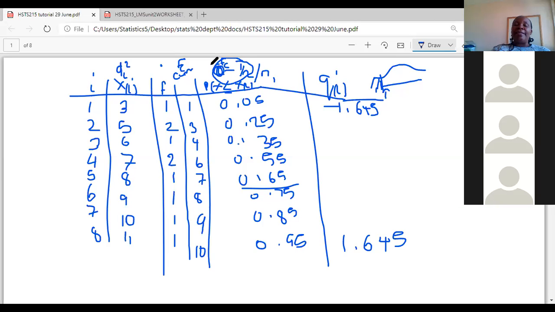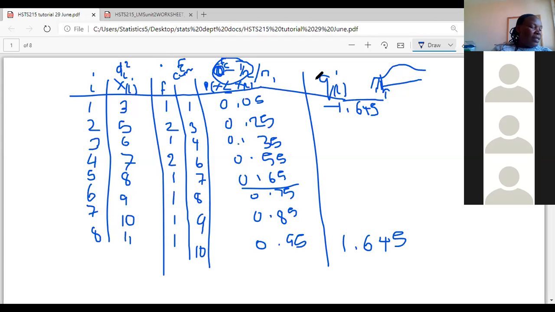Then you find the cumulative probabilities for my di's. Now we are working with my di's. So you find these cumulative probabilities, and then we end up with chi-square. Now instead of using the normal, we are using the chi-square distribution.